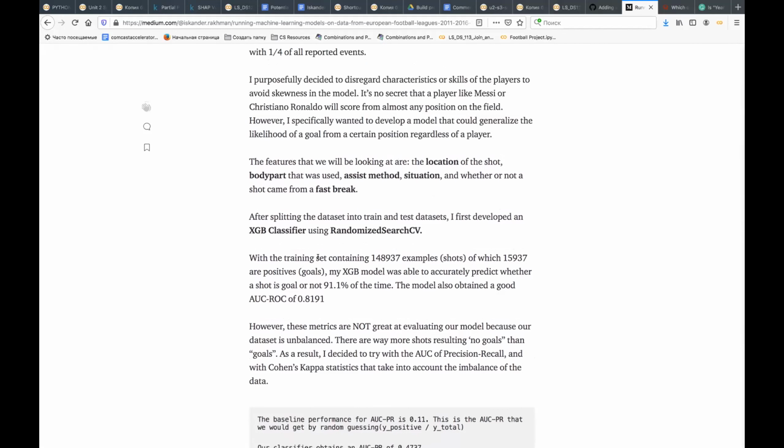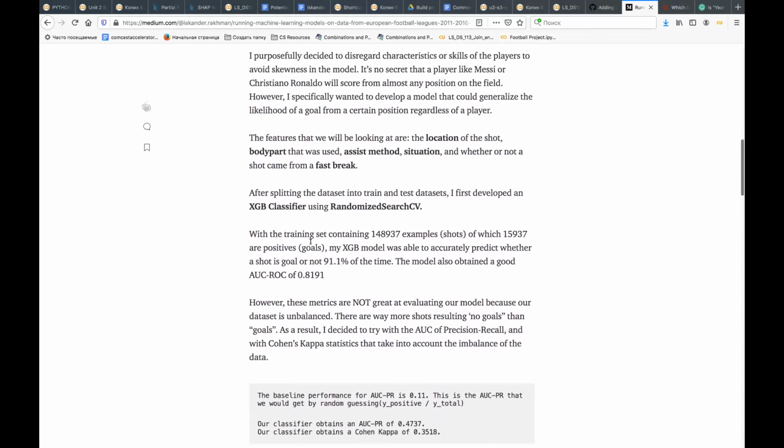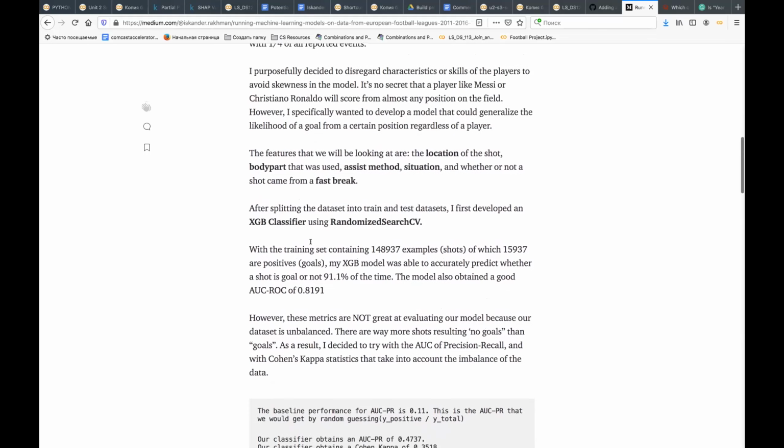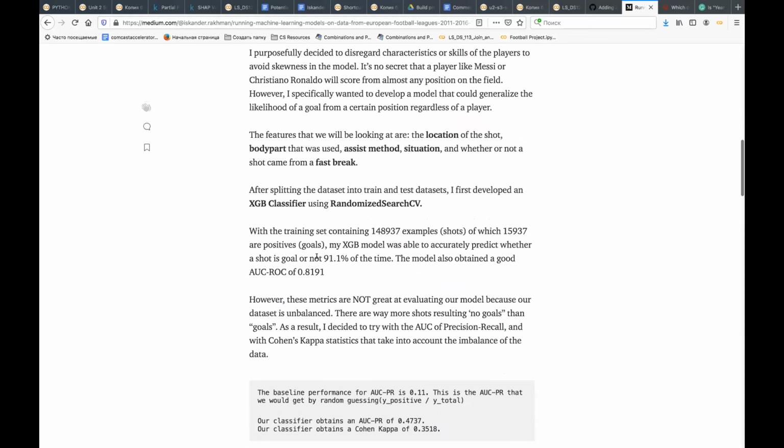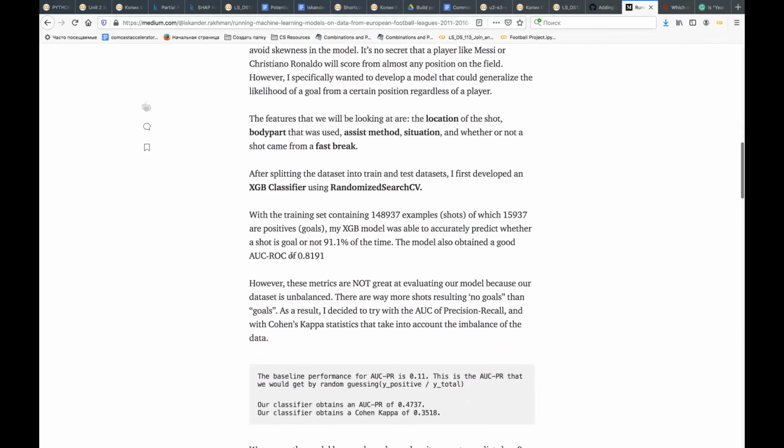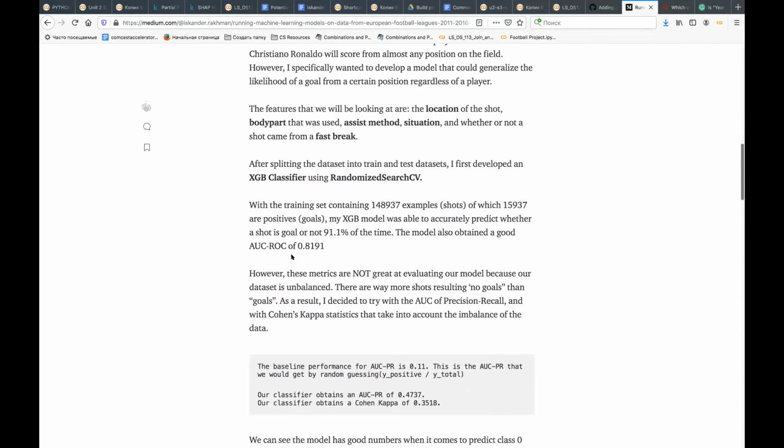I created two models. They use the XGB classifier as well as a logistic regression. The XGB classifier for this particular data set accurately predicted whether a shot is a goal or not 91% of the time, and obtained an AUC-ROC of 0.81.